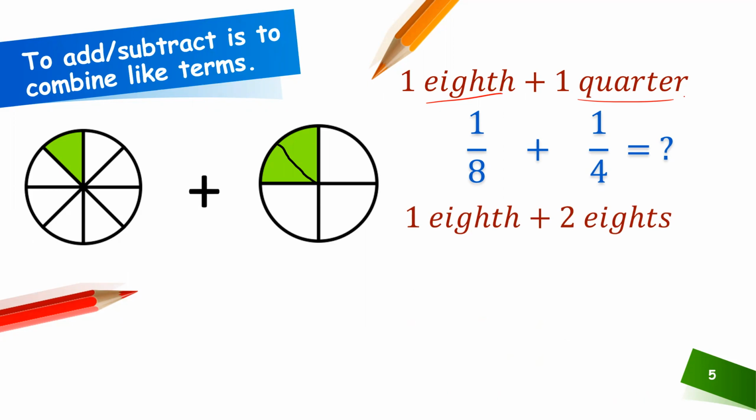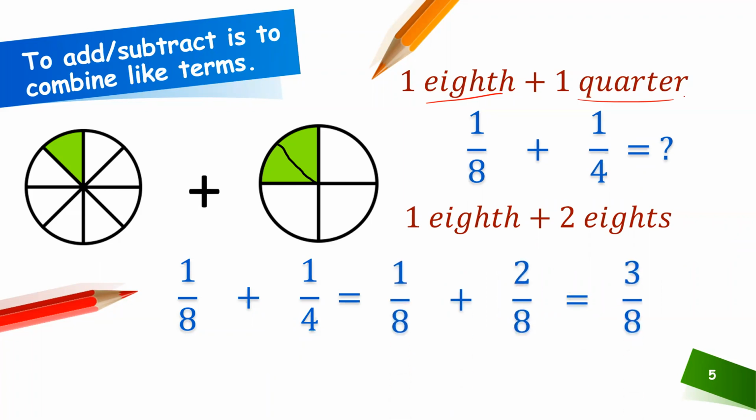And now we can write 1/8 plus 2/8 would be 3/8. Or symbolically, we would write 1/8 plus 1/4 is the same as 1/8 plus 2/8, and that would be 3/8. Okay? Make sure that the nouns are the same.